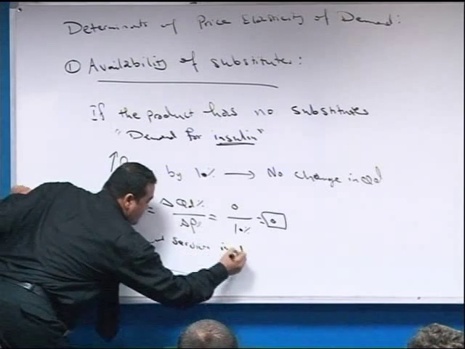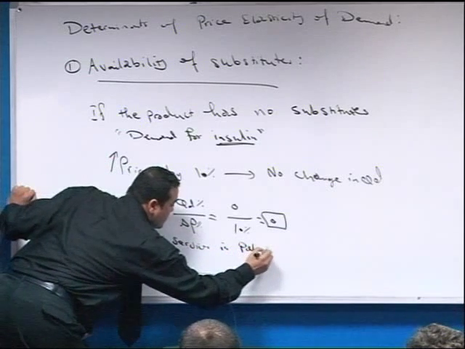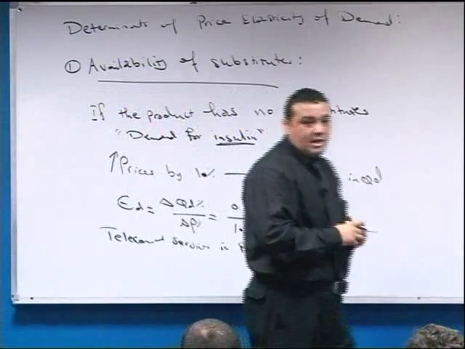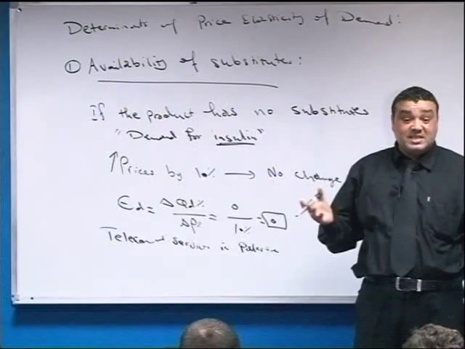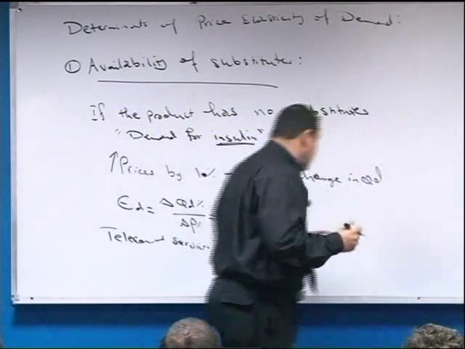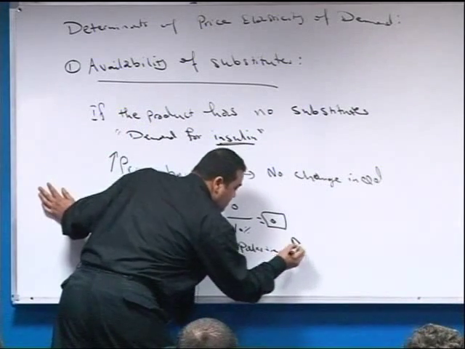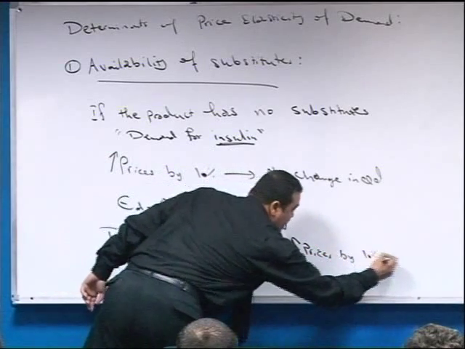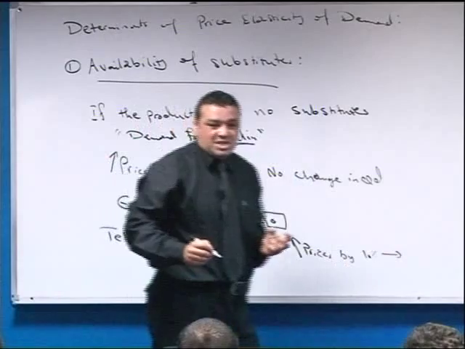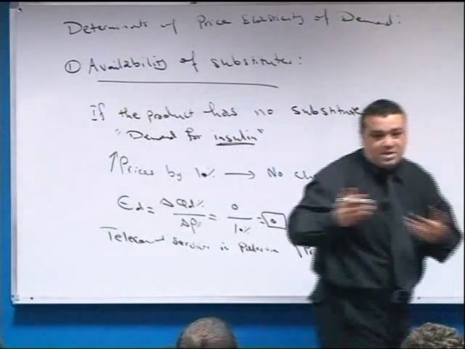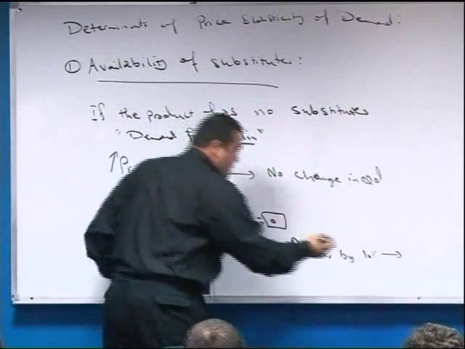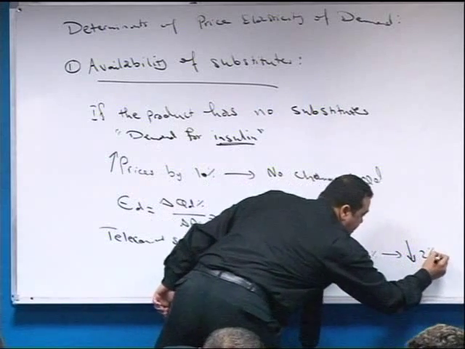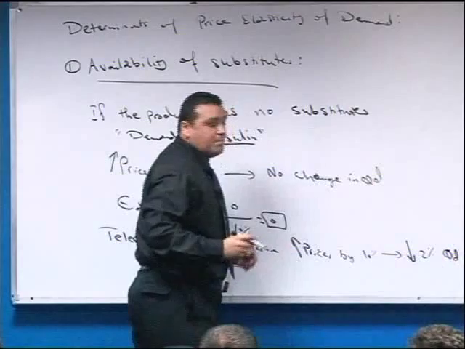As you know, the demand for telecommunication services in Palestine is inelastic. Increasing the prices by 10% leads to a smaller reduction in the quantity demanded, maybe 2%, 3%, 4%. So the demand would be inelastic.